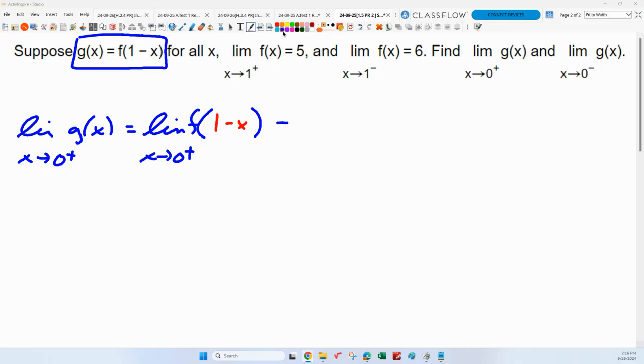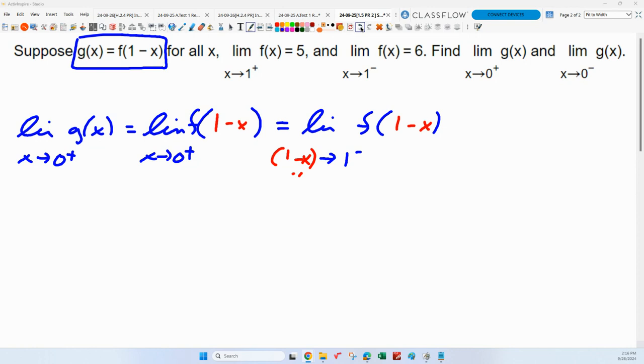So we could write this as the limit of f of 1 minus x as 1 minus x approaches 1 from the left.